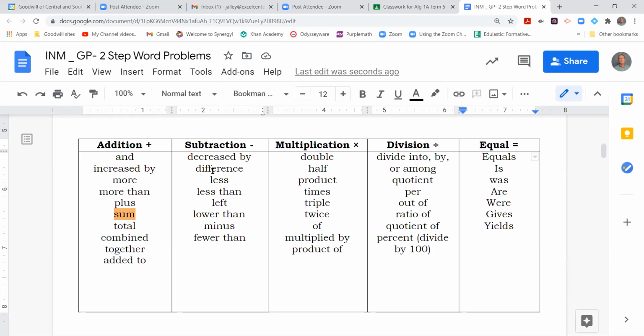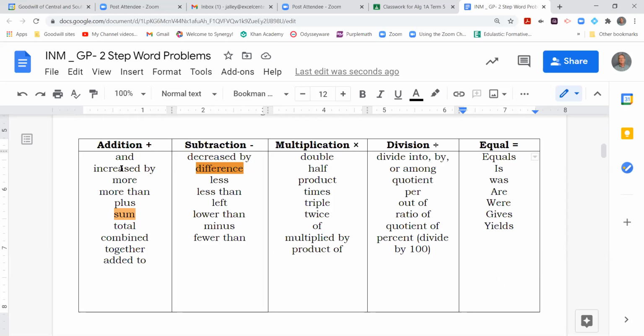Subtraction is somewhat similar. The traditional word in subtraction is the difference. The difference between my bank account yesterday and today is blah. It's not enough, that's what it is. Less than, decrease by. What you notice between these 2 columns of addition and subtraction is there are a lot of opposites.